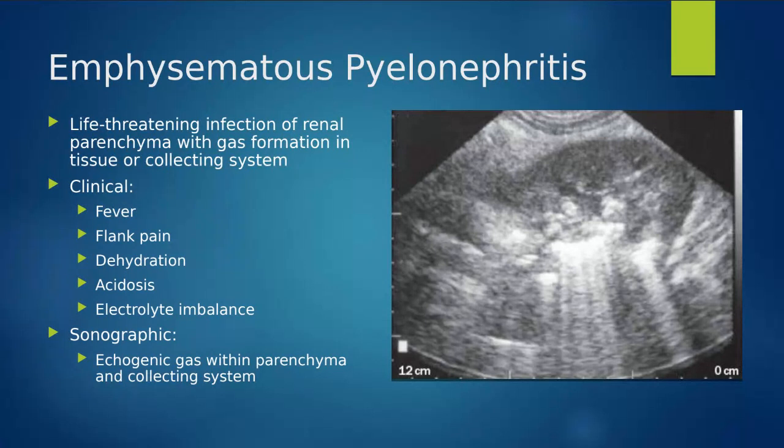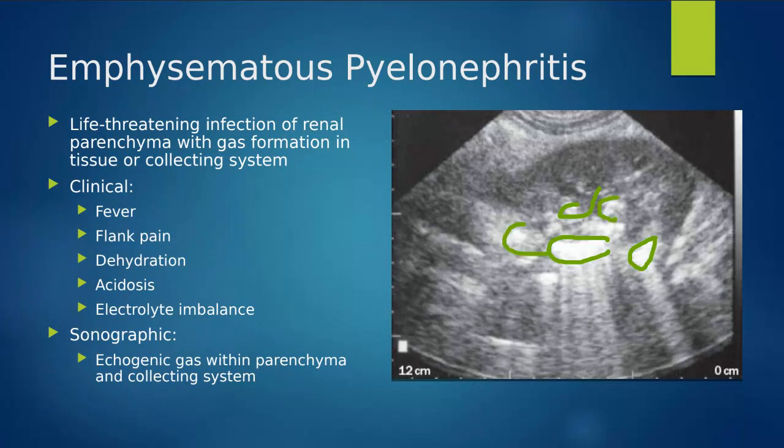On ultrasound, we are going to see that echogenic gas actually within the tissue of the kidney and the collecting system. So this picture here, our overall gain is a little bit too bright, but if we take that into consideration, look at all of this gas. And this isn't just nearby gas from the bowel.